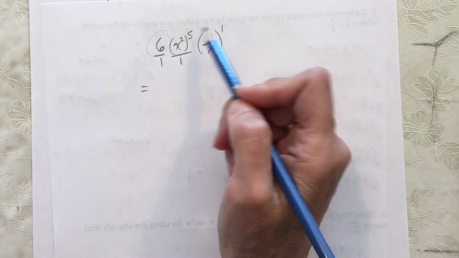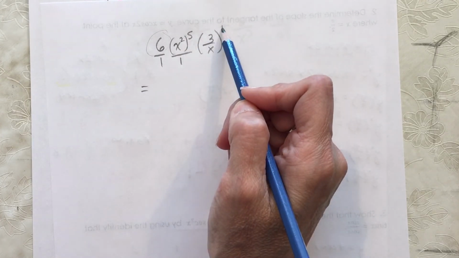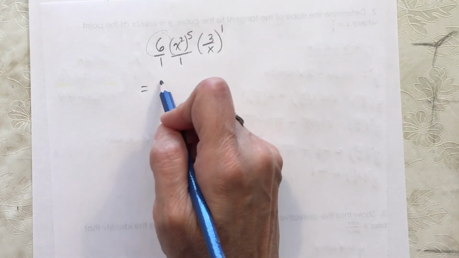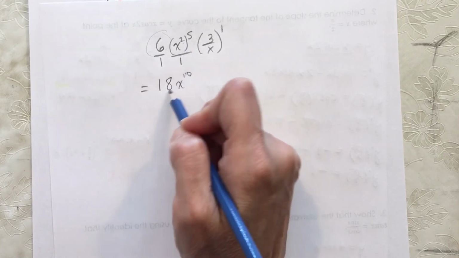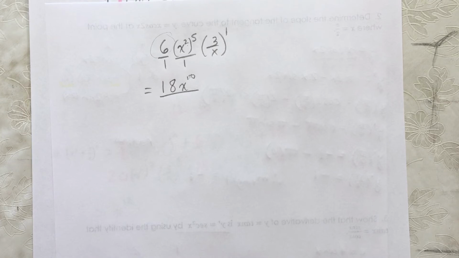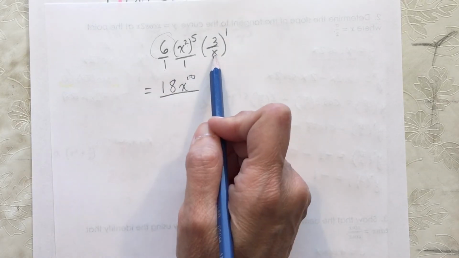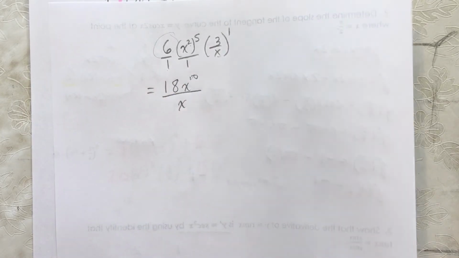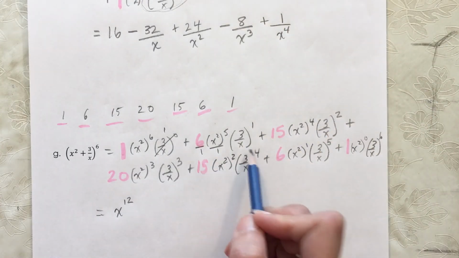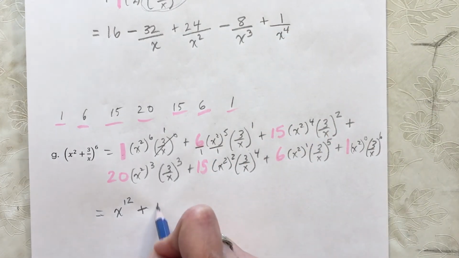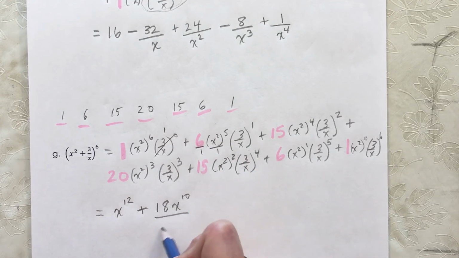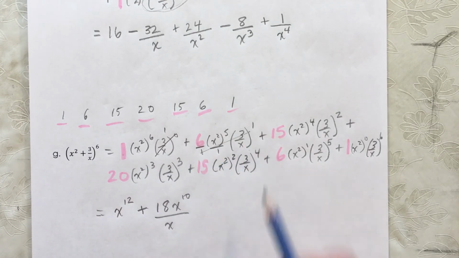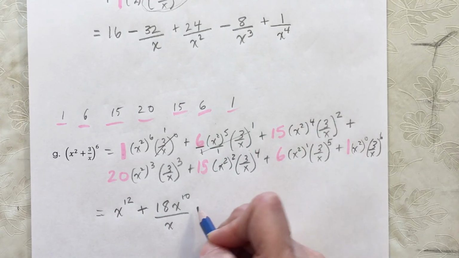It's going to be 6 times 3 to the 1, so that's going to give me 18. And then x squared to the 5th is x to the 10th. But in the denominator, I'm going to have 1 times x to the 1, which is x. So in the second term here, I've got 18x to the 10th over x. And I'm going to be able to simplify that a little bit more.